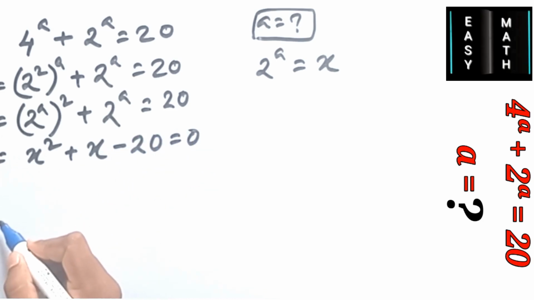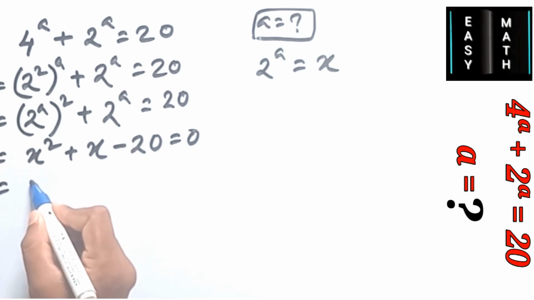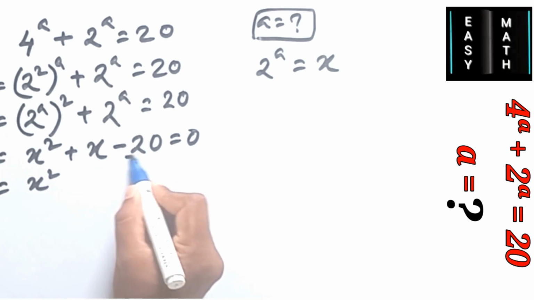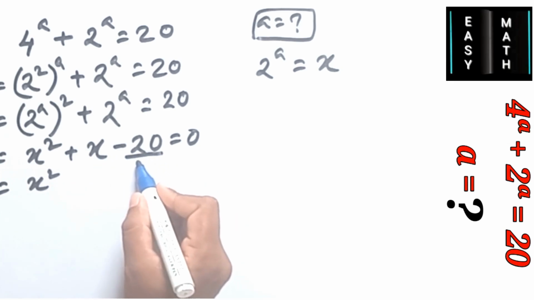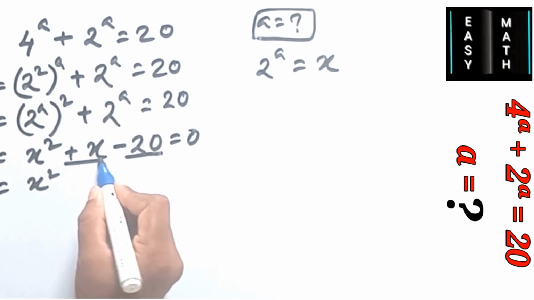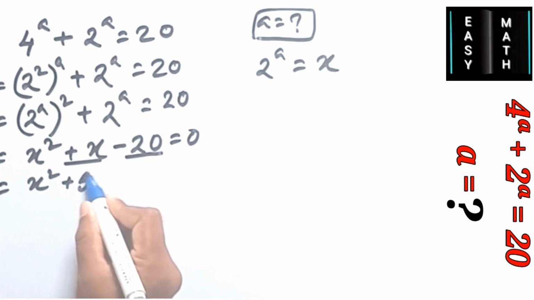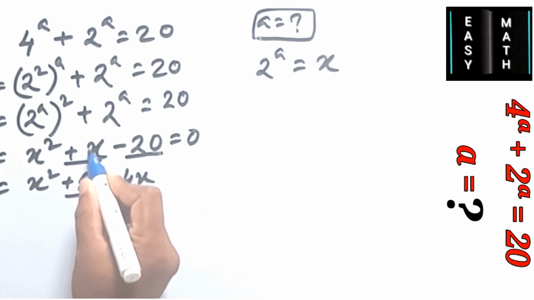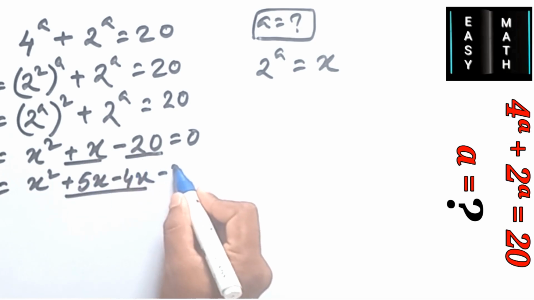This is 0, and now this is x squared, and we know this is 20, so there is x, so we can write 5x minus 4x, this is x, and this is 20.